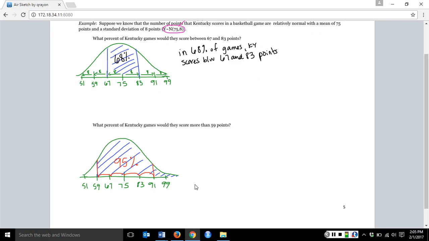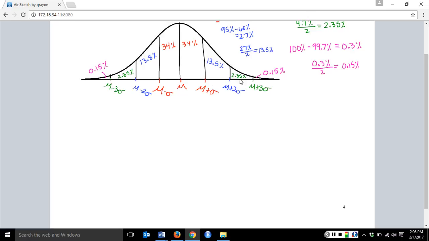Now what I haven't taken into account is I still have this other little piece here that I want. Well, if there's 95% between here and here, there's 5% left over and 2 spots to put it in. So over here is 2.5%, and over here is 2.5%. Or from my previous picture, I get that by adding this 2.35% and that 0.15% together. So both of those little pieces are what I need on this picture.